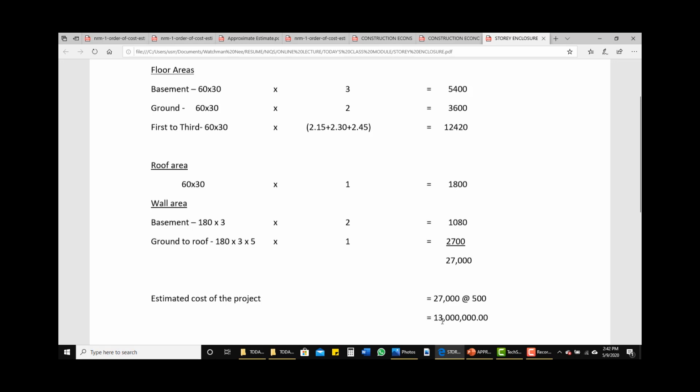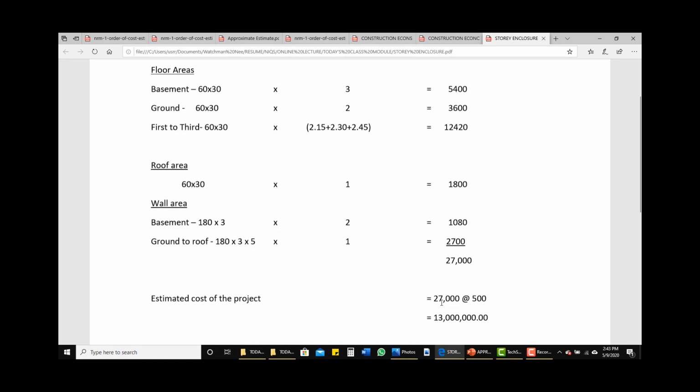But like I said, this method is obsolete, because we don't really have cost data and cost analysis based on the Storey Enclosure method. So that's that as far as the Storey Enclosure method of preliminary estimate is concerned.